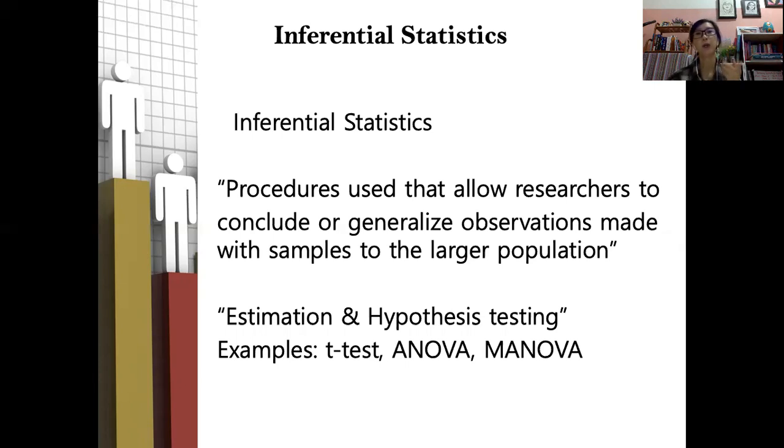So what we do when we use inferential statistics is that we try to draw a conclusion about our investigation result for the population from the sample. So we can draw a conclusion about a bigger group from data that we calculate with the smaller group of representatives.